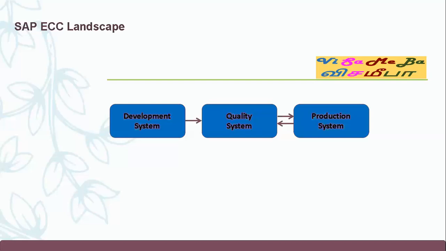So they get a preview of how the result will be in the quality system for those configuration changes on the real-time data before it goes into the production system.